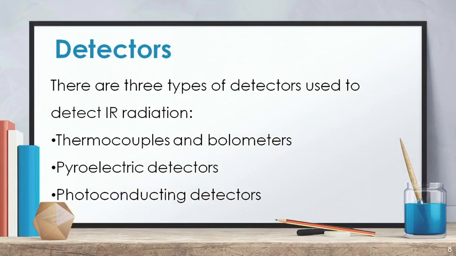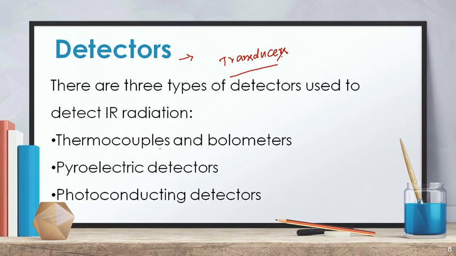Next are detectors. There are three types of detectors used in the IR spectrophotometer. Detectors are also known as transducers.